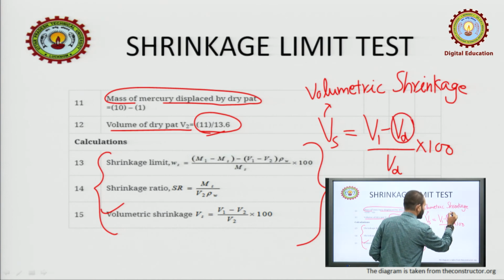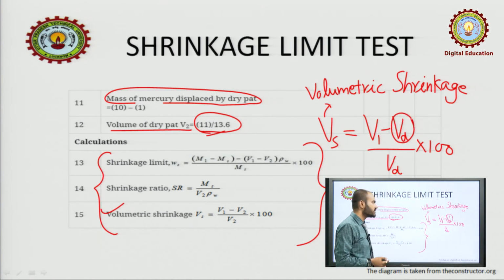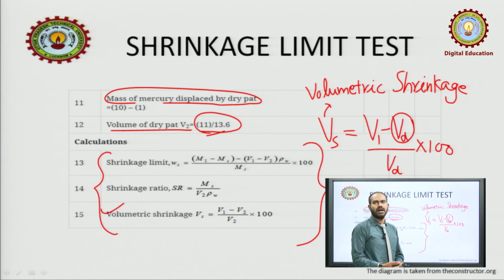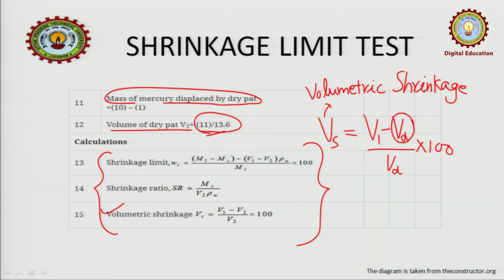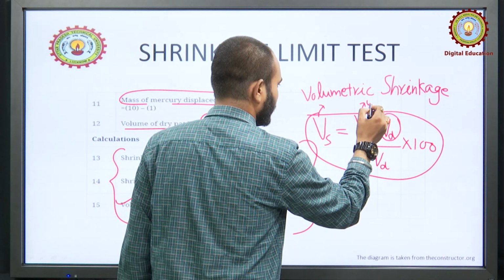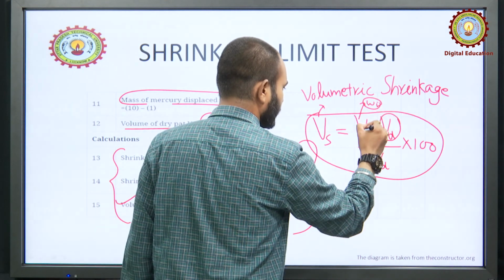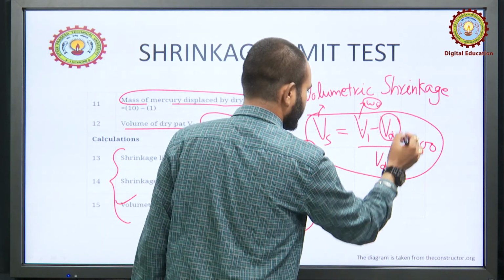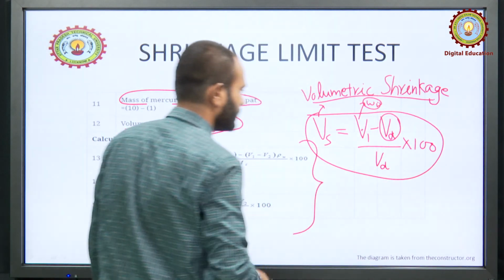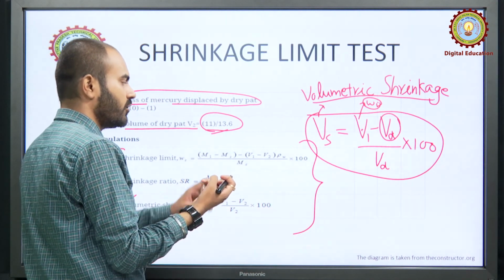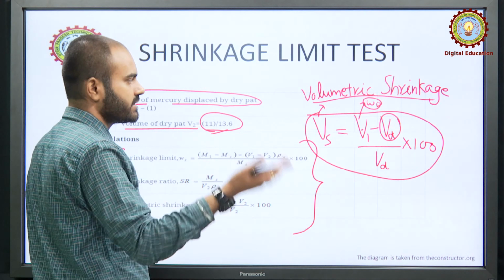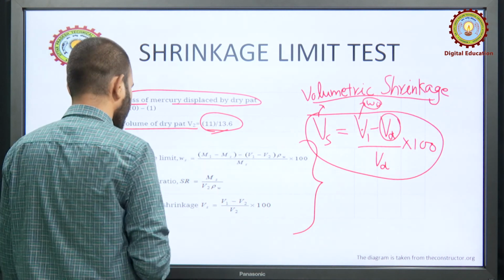What is Vd? Dry volume, the volume of the soil at dry stage. And V1 can be any volume, for W1, W2, any water content corresponding to that V1. So this is the net volume change from that water content volume, suppose W1 water content volume, to dry. That is your volumetric shrinkage. How much shrinkage will occur from that W to dry state? That is your volumetric shrinkage.